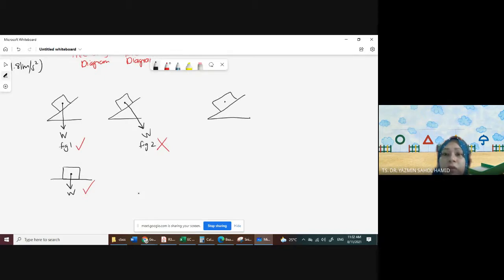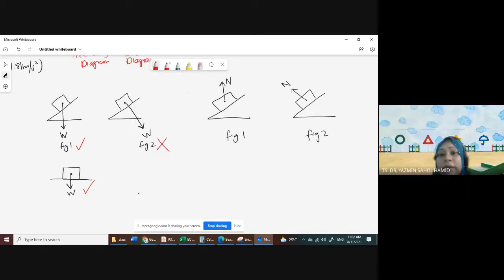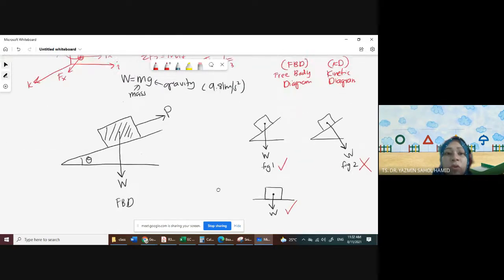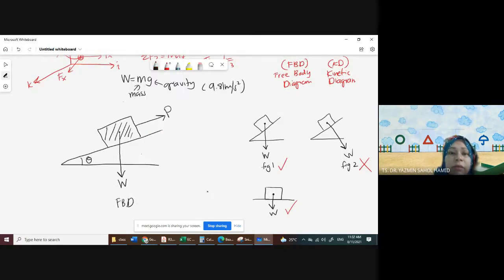Is the normal force pointing like this, or is the normal force pointing perpendicular to the surface? Let's say this is figure 1, this is figure 2. Which one is correct? Figure 2. So you must know how to draw the normal force. The normal force will be pointing perpendicular to the surface like this. This is the normal force.